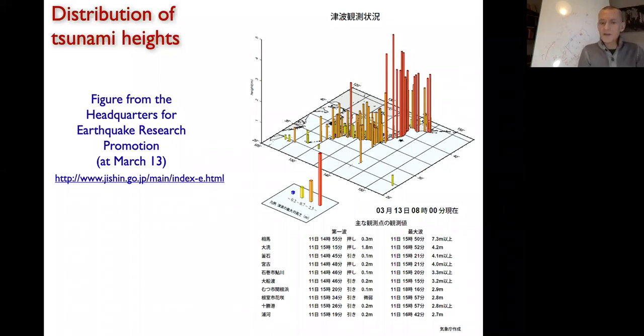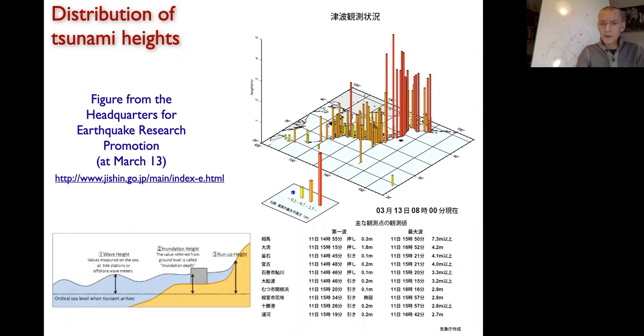They are impressive because in some places the height, and you see in the next picture what is a tsunami height or what is called tsunami run-up, is impressive. And if you have been looking at the news and the media at that time, it's plenty of very impressive videos of tsunami waves reaching the coast.